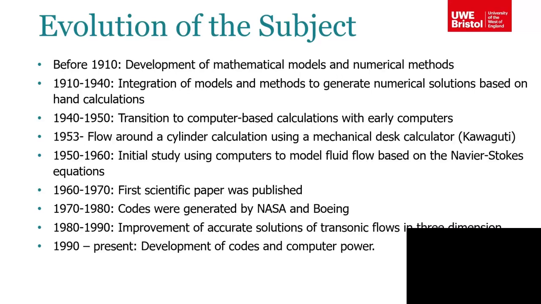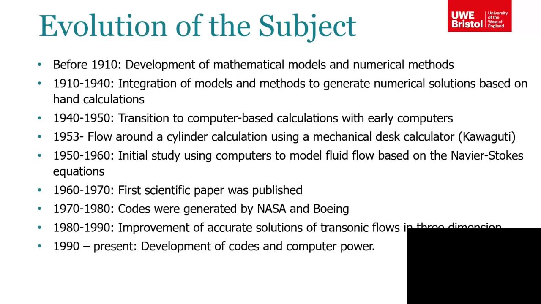And then the mechanical desk calculator. We have electronic desk calculators now, but they used to have mechanical calculators in the 50s. And then the first scientific paper was published in the 60s on these ones.